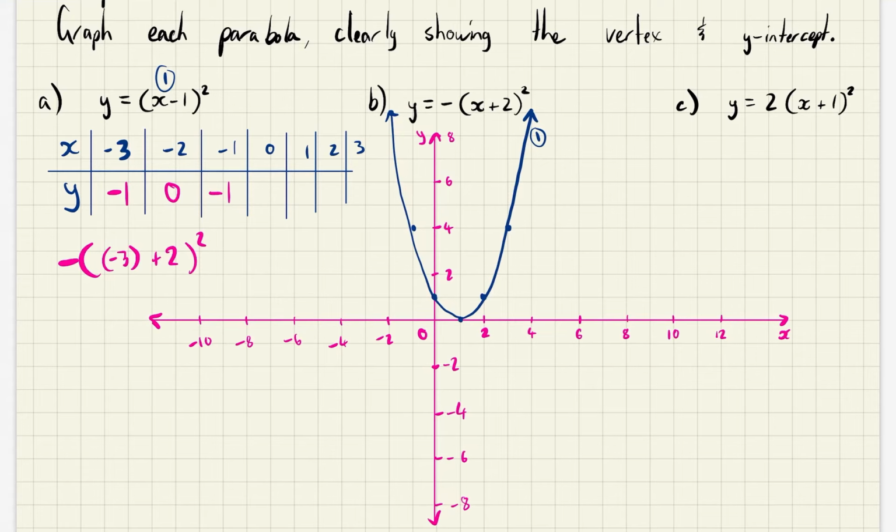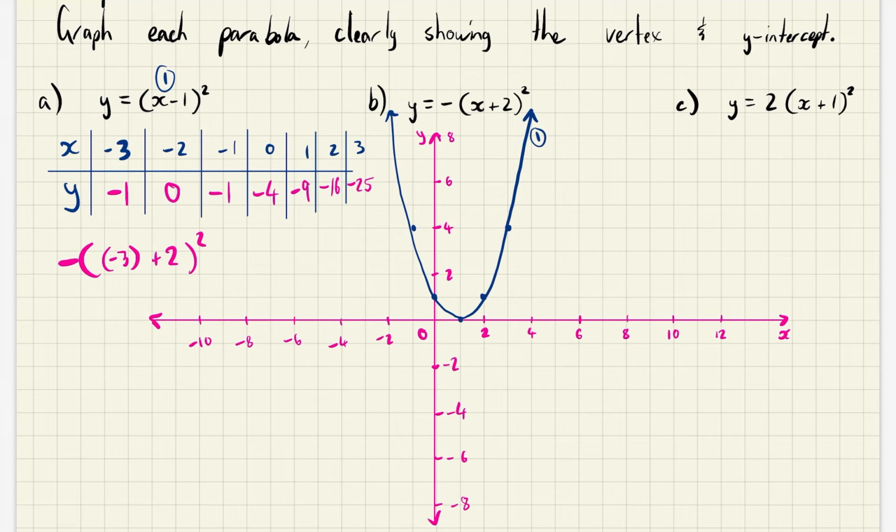So we found our point of symmetry. And when we put in 0, we get -4. When we put in 1, we get -9. 2 is going to be -16, and I'm going to run out of space. 3 is -25.